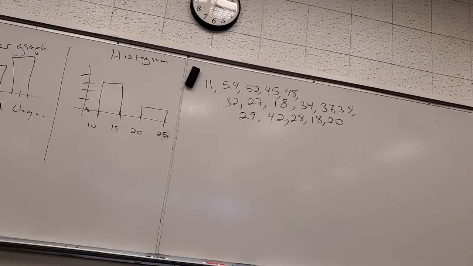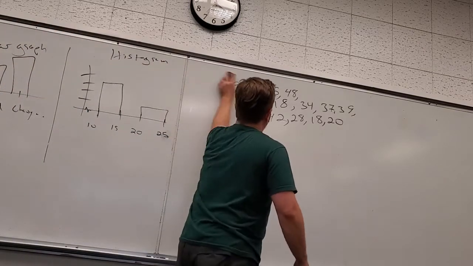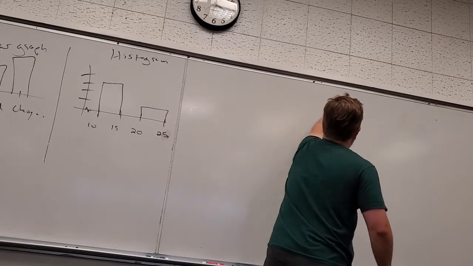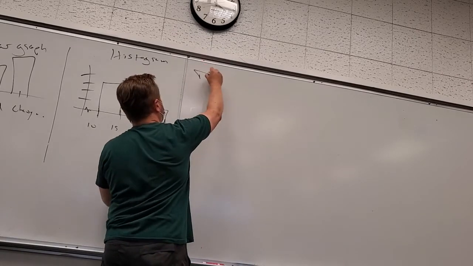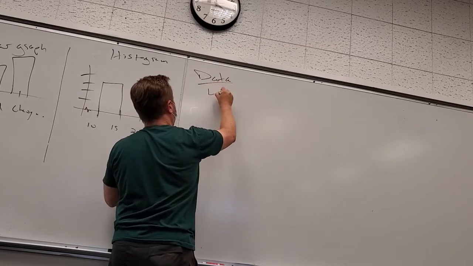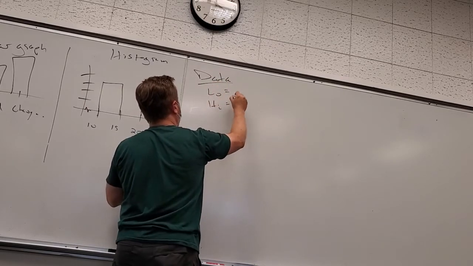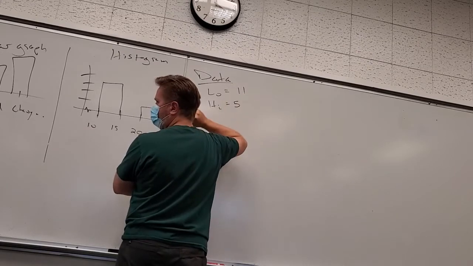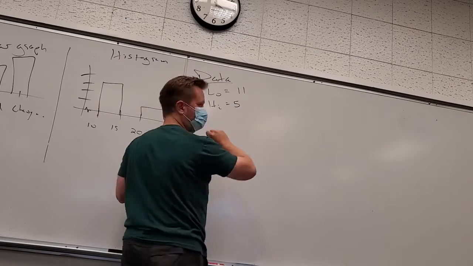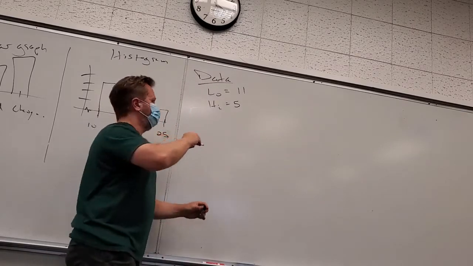All right, so can somebody tell me, how long is it? What does our data go from and to? What's the low and the high? The lowest is 11. The high is 50-something, right? 59?